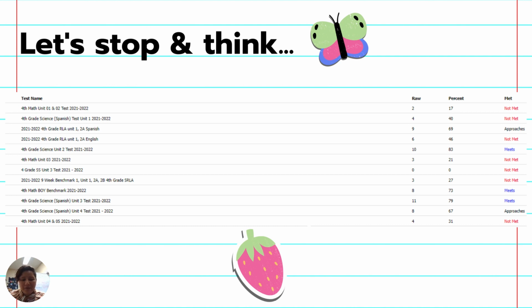That same year, they had taken what looks like that same unit test in English, and they scored a 46. So they did not meet. That to me is very good justification that the student still depends on their native language and will be more successful taking the STAR reading in Spanish versus taking it in English.